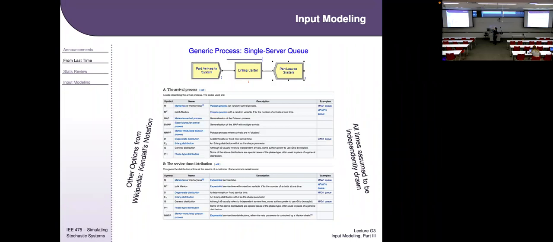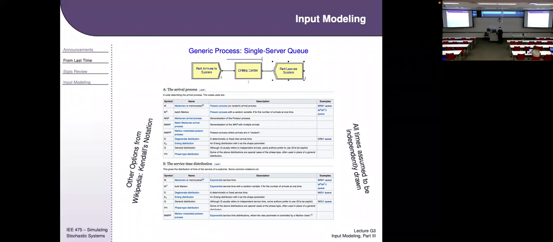If you were to go to Wikipedia on Kendall's notation, you would find a whole table of these codes that are all shorthand for the input models that go into either the interarrival process or the service process. Again, that just shows how important it is to get those things right. Otherwise, we wouldn't actually have to specify them.